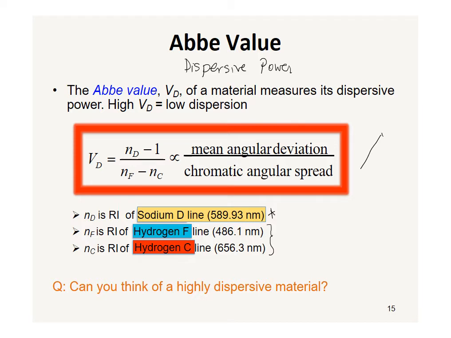What it physically is telling us is about the ratio between the mean angular deviation, which in this case is going to be sort of yellow, to the refractive index corresponding to yellow light. That's going to be our mean angular deviation there, and we're taking the ratio between that and the difference in the angular deviation between the red light and the blue light.